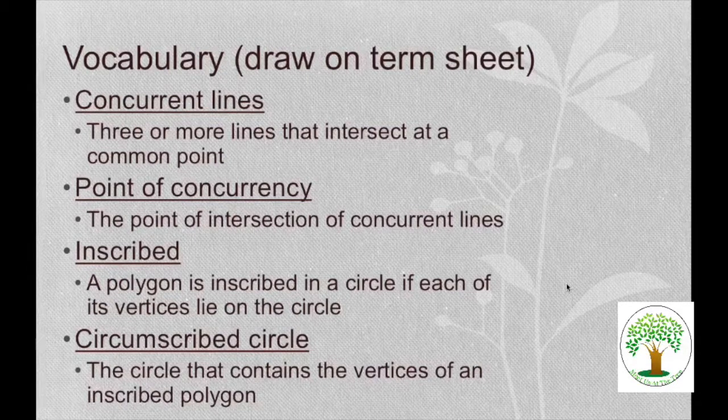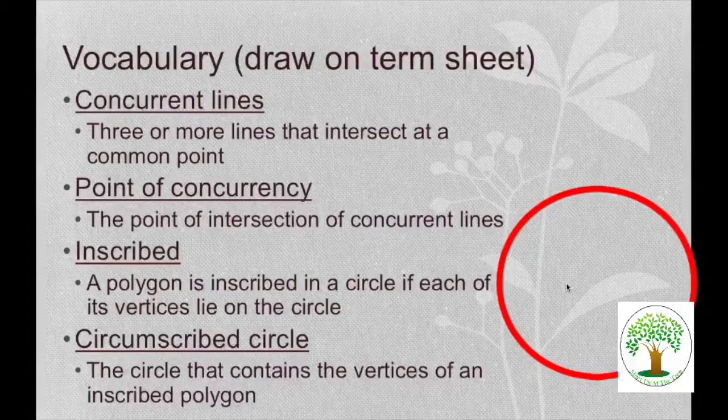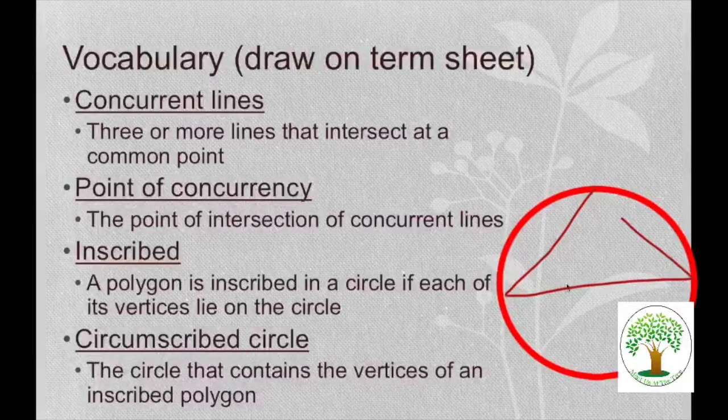So the same picture I had earlier, and then my triangle that I had. So what's the difference? The circle is the circumscribed circle, and the triangle is the inscribed triangle. Just depends on which one I'm talking about. The circle is circumscribed, the triangle is inscribed.